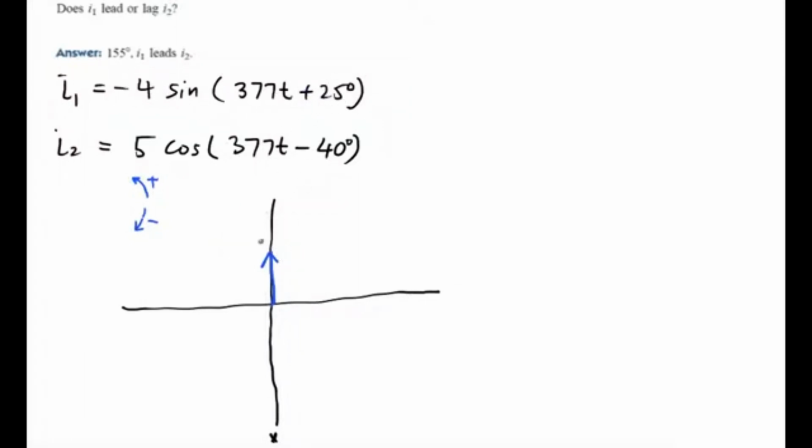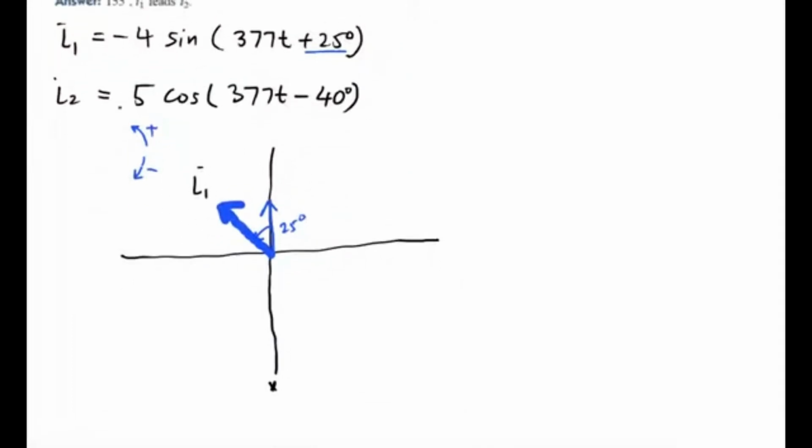So if the angle is positive 25, from this phasor negative 4, it will move this way by 25 degrees. So the final one would be somewhere here. This is your I1.